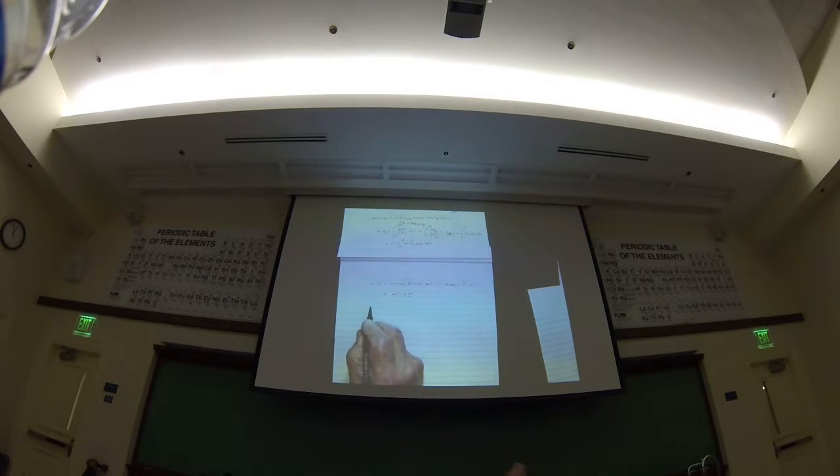Therefore, delta H net, which is also delta H zero formation of CO2, is equal to minus 393.5 kilojoules, and then it's plus this 5.0419 kilojoules.